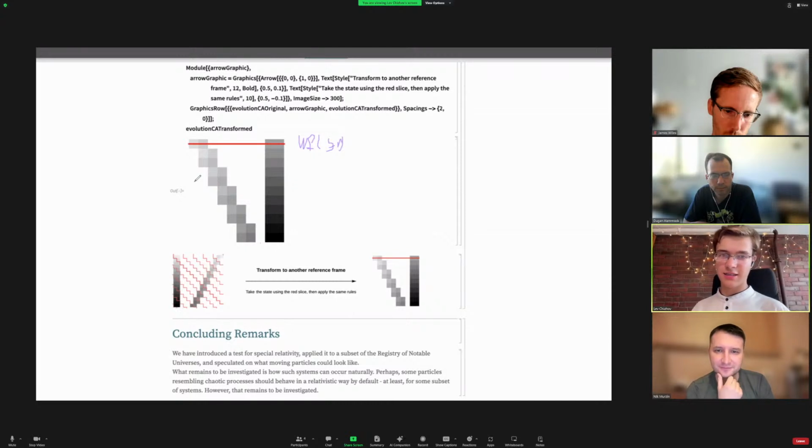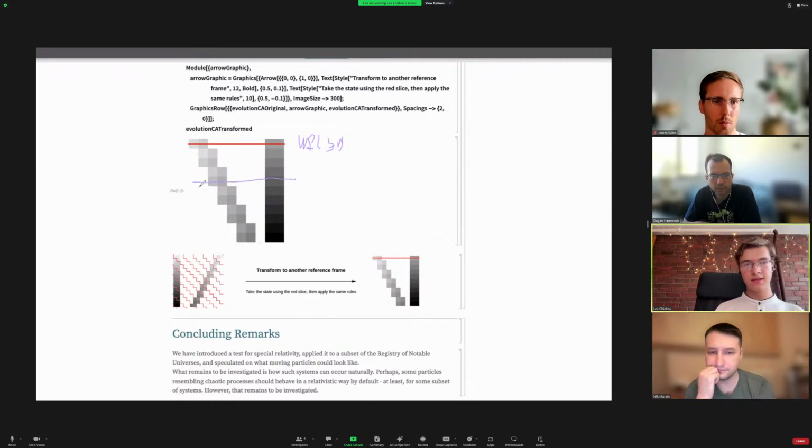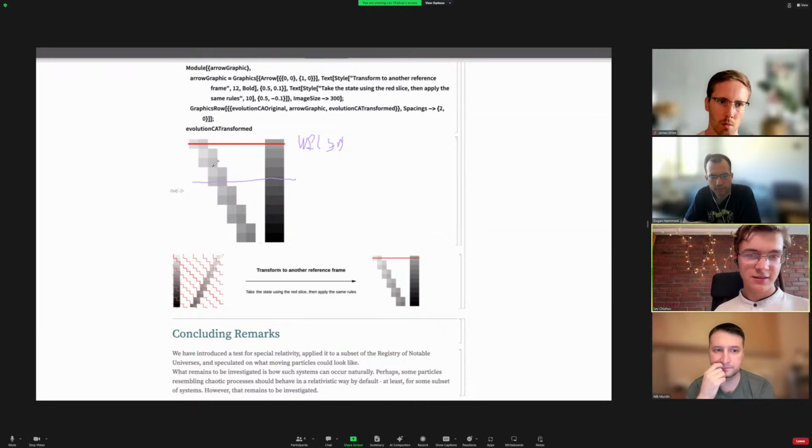What you actually want is not the causal graph but something more pleasant to work with, which is the state. For that, in the original reference frame, you just make slices like this, and then you say this is the state at time 4, and then the next state is going to be like this, and so on.